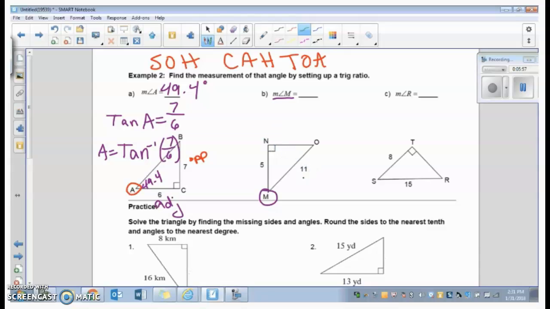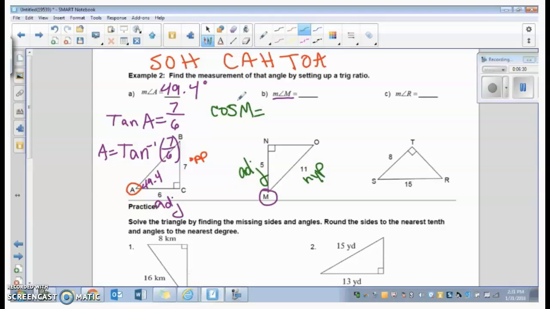So we're looking at M. We have the hypotenuse and we have the adjacent. So that means we're looking at adjacent over hypotenuse, so not sine. Cosine looks like it would work pretty well, because cosine is adjacent over hypotenuse. That pretty much does everything I want it to do.